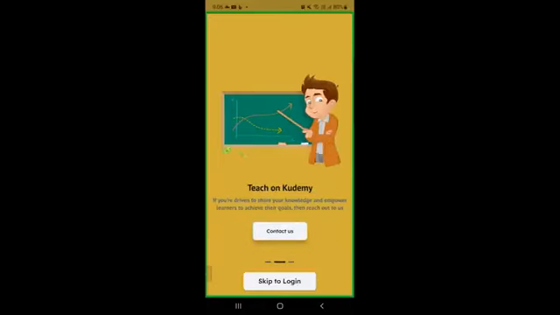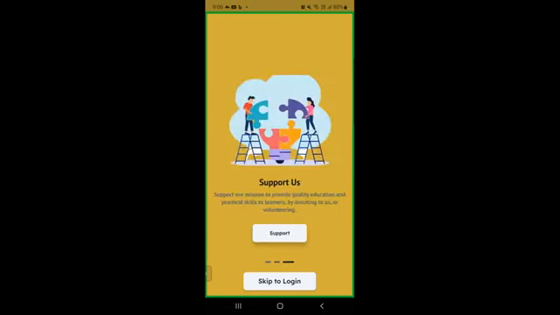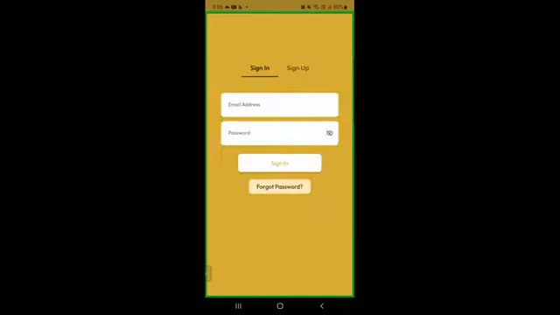You have Teach on Kudemy. These are for teachers, and this is for those who want to be part of the mission. But what you need to do here is to press skip to login. When you come here, you will see sign in and sign up.